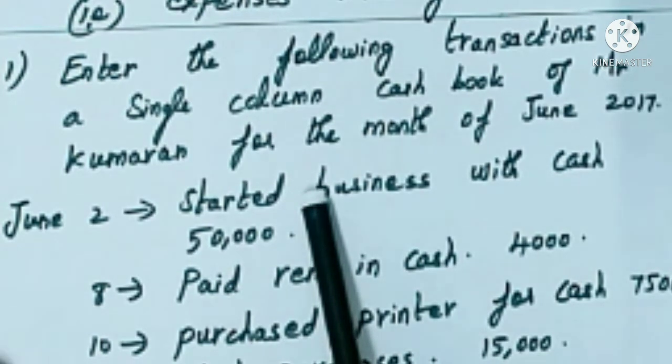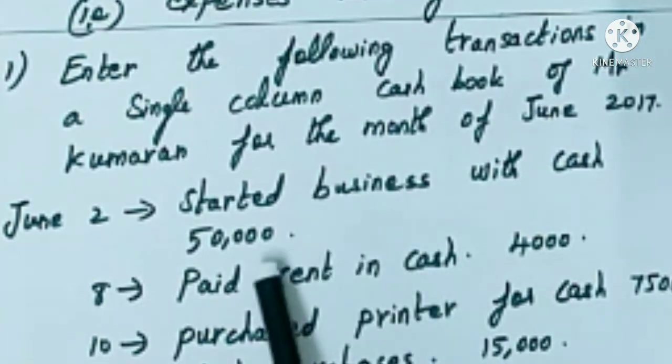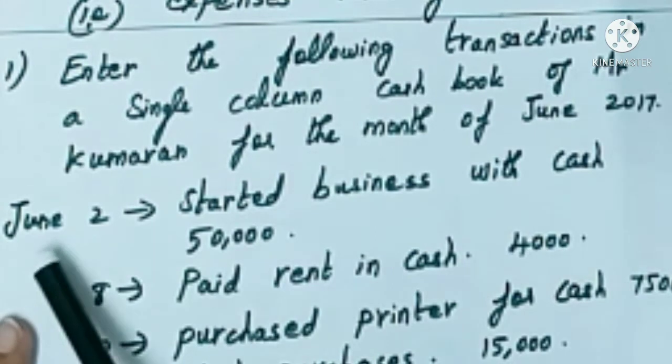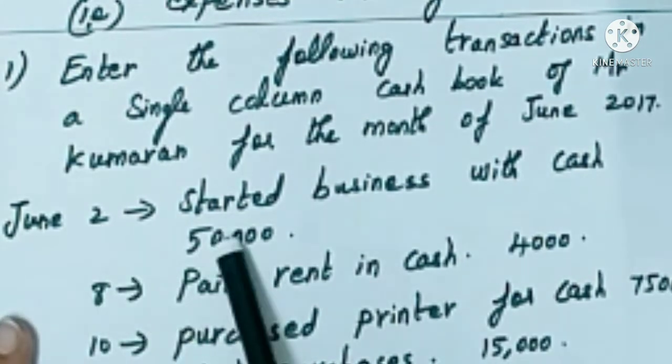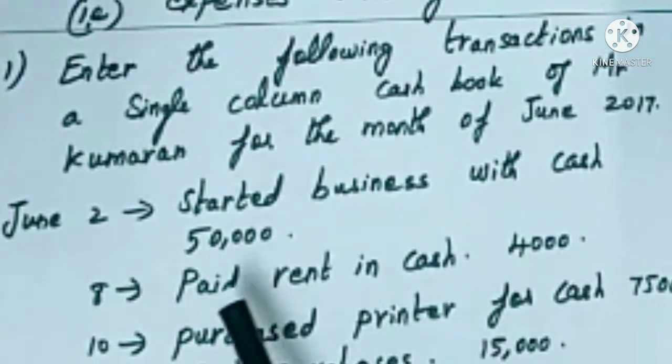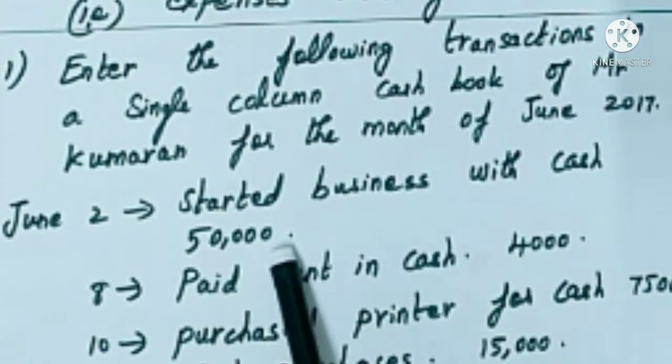We already know that a single column cash book is a cash book which has got only a cash column. Now the first transaction is occurring on June 2nd. Started business with cash rupees 50,000.